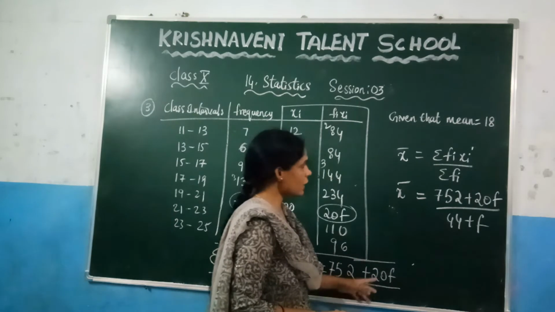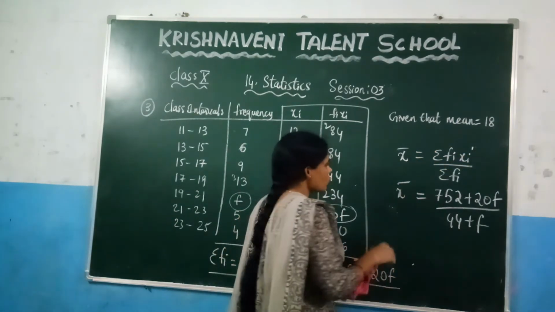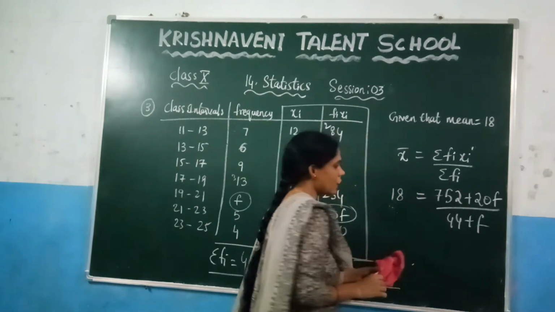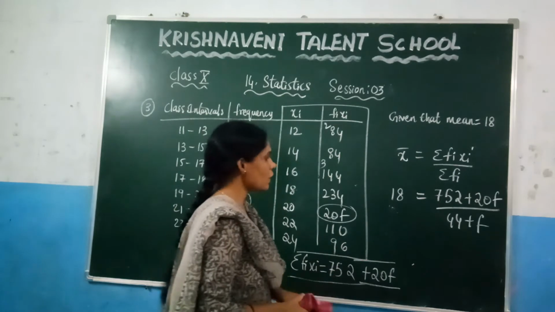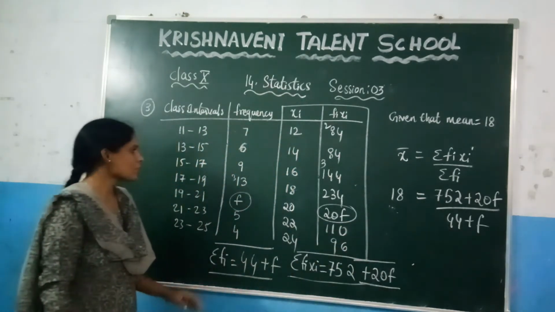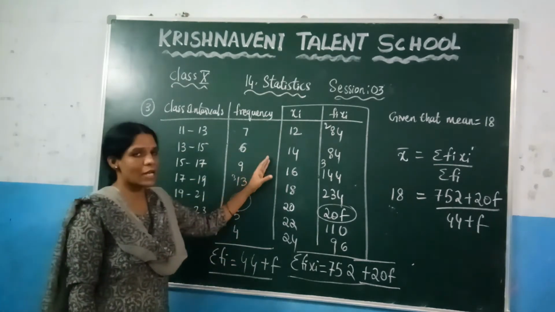No, because in the question they have given the mean value, which is 18. Just substitute it as equal to 18, because after calculating this value you will get 18, they have already given. Now you need to solve this equation. So what we have done here, they have given these class intervals and these frequencies. You need to find the class mark first.